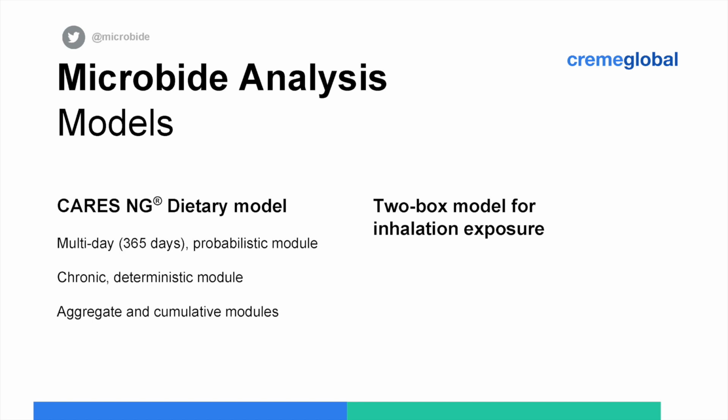So Kersen-G allows to calculate dietary exposure to the pesticides residues in food commodities in both chronic and acute timeframes. It uses probabilistic calculations to give an aggregate and cumulative exposure, that is exposure to either one or multiple chemicals. For the inhalation exposure, we use the two-box model that I will show on the next slide.